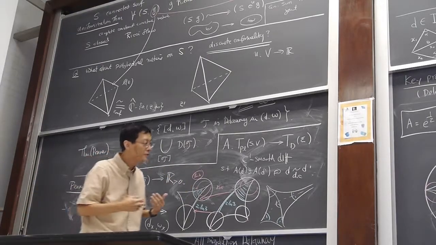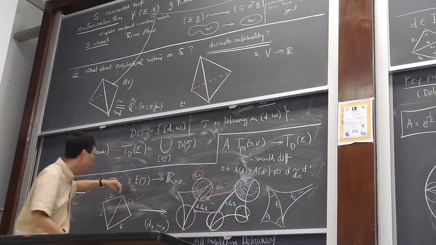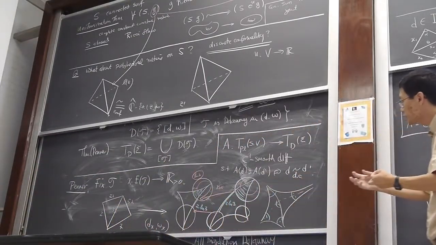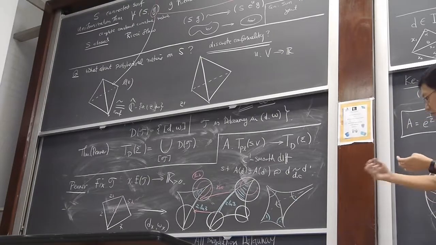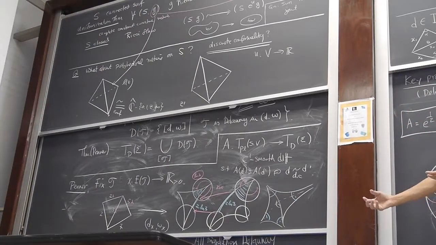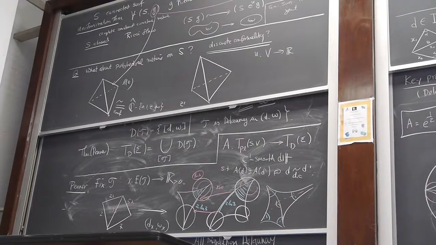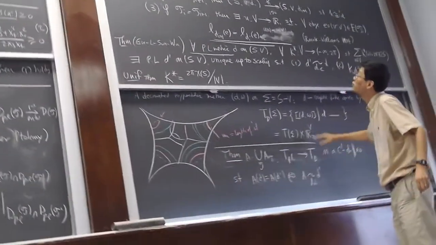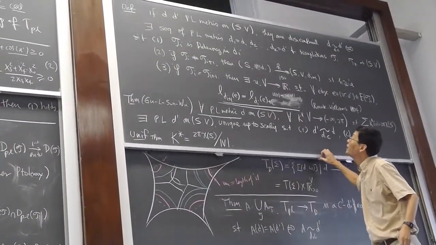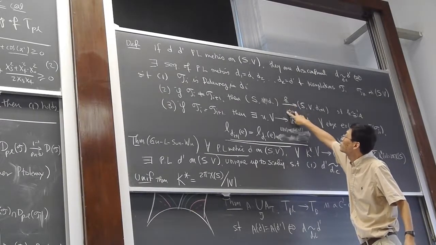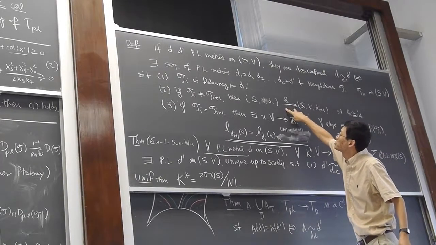So what happens is that when you scale from a vertex, the associated decorated hyperbolic space does not change the underlying hyperbolic structure, but only changes the decoration. Okay, so this is quite obvious from that picture. And so this is the statement. If you look at the first definition here, it says it does not change the structure at all. This is the same point in the Teichmüller space.